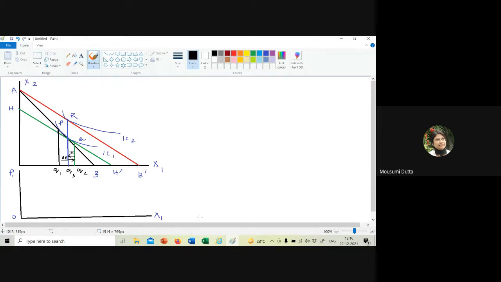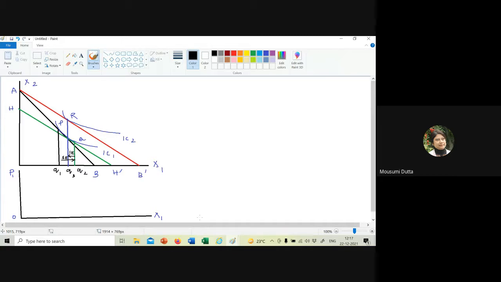Via the income effect, we are moving in the leftward direction. When there is an increase in real income, consumption of X1 is falling, so we are moving leftward. However, the position of R is such that it is not offsetting the substitution effect.